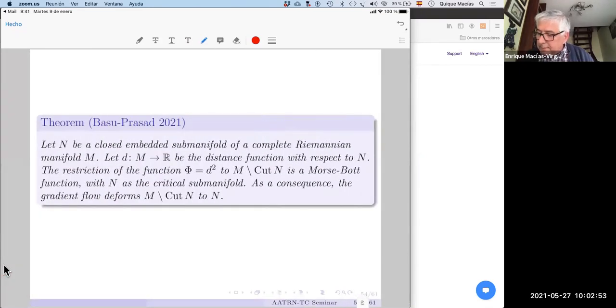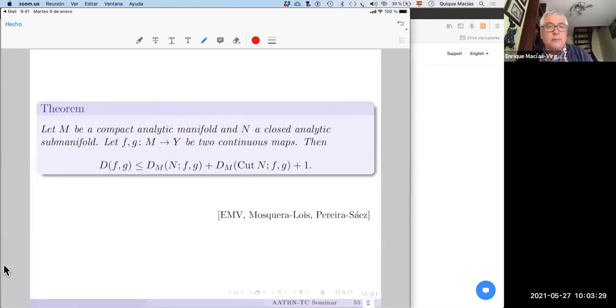So we need this theorem from Basu and Prasad, which says that if you have a closed embedded submanifold N of a complete Riemannian manifold M, and you have the distance function with respect to N, then the restriction of the function d squared to the complement of the cut locus is a Morse-Bott function, and the critical submanifold is N. So the gradient flow deforms M minus cut N to N. And so we are able to prove the following theorem.